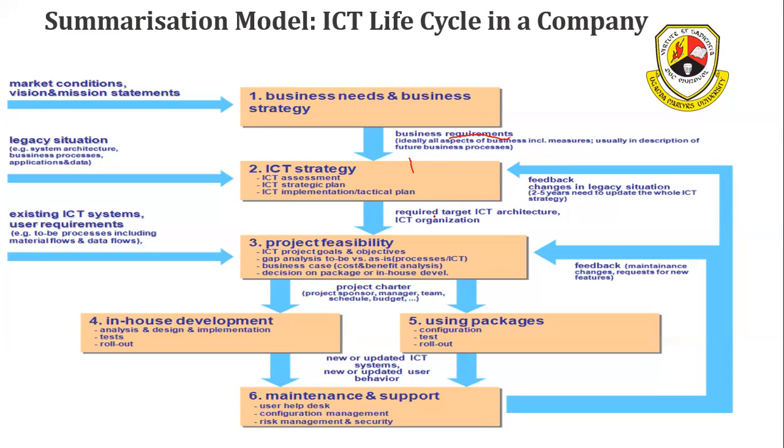From the ICT strategy, we identify our ICT architecture and our ICT organization. Those are two key points. Remember when we talked about our technology architecture, we talked about organization, we talked about applications, and so forth. From this, we begin to develop our ICT projects.